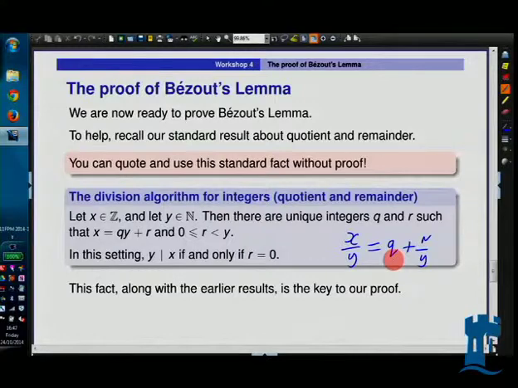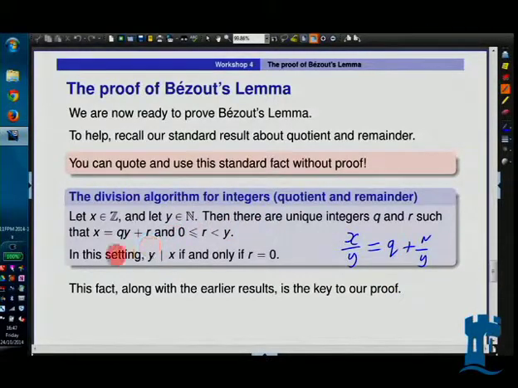This q is an integer, and the r over y is a genuine fraction, a proper fraction. R is greater than or equal to 0 and strictly less than y. So we've got it into the most sensible possible form, except the q might be negative.